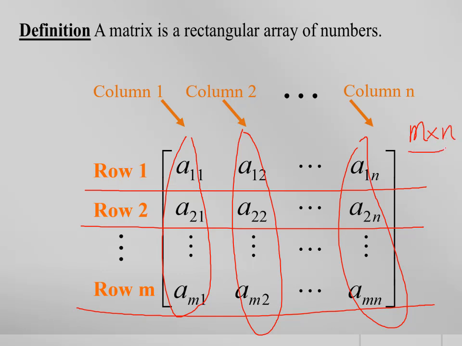In the future, we will know this is called the dimension of the matrix. That's also the size of the matrix. So that's the basic idea of the matrix. A matrix is just defined as a rectangular array of numbers.